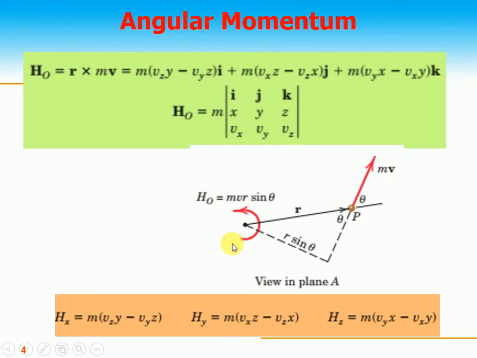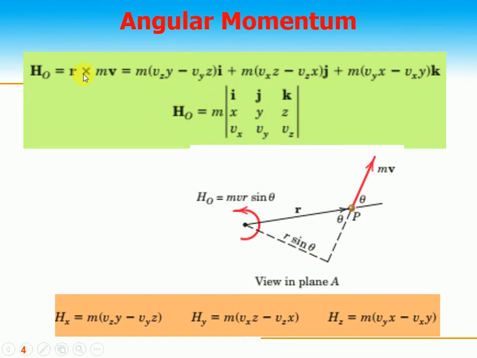So angular momentum is basically r cross mv. Therefore we have to take the cross product of these two.